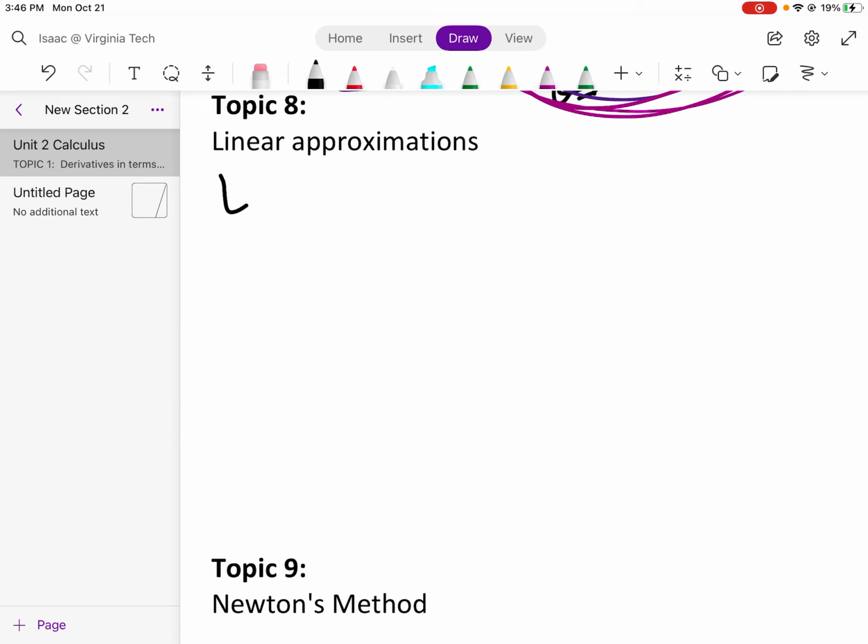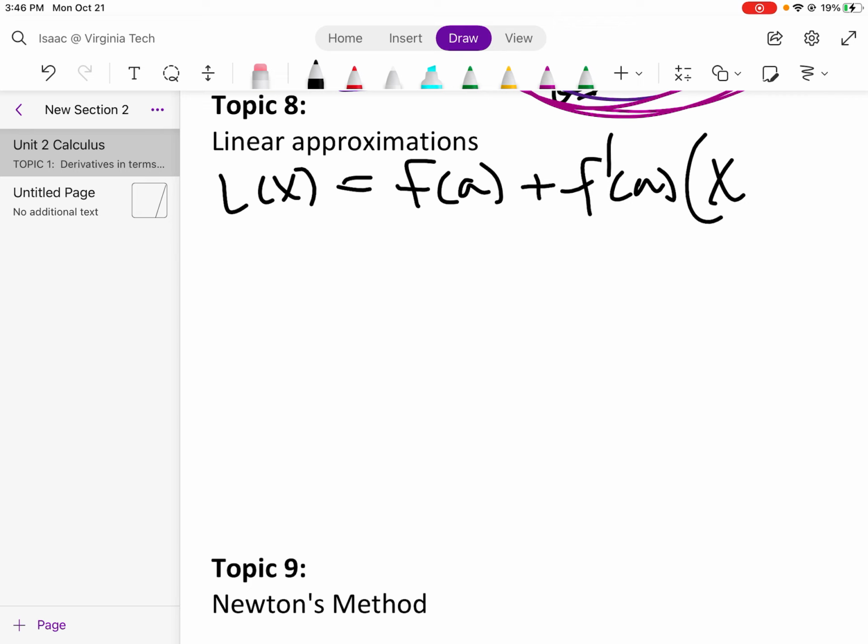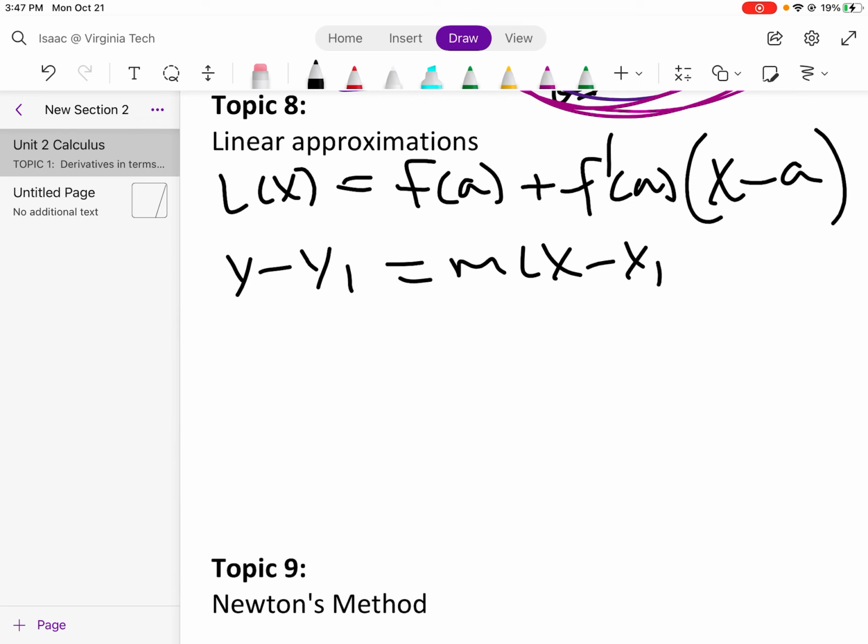The equation for finding a linear approximation: L(x) = f(a) + f'(a)(x - a). Hey, guess what? This is actually very similar to the point-slope formula.